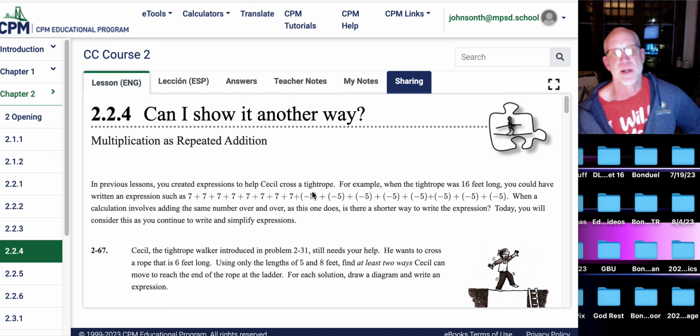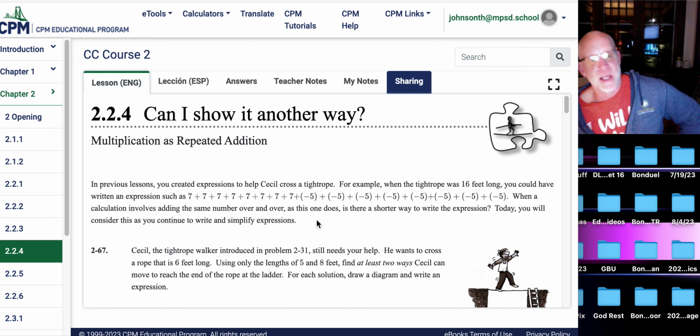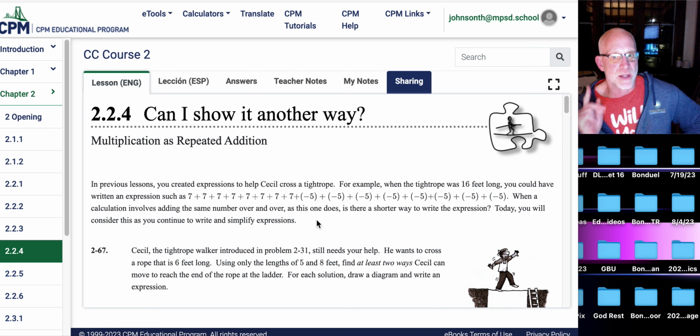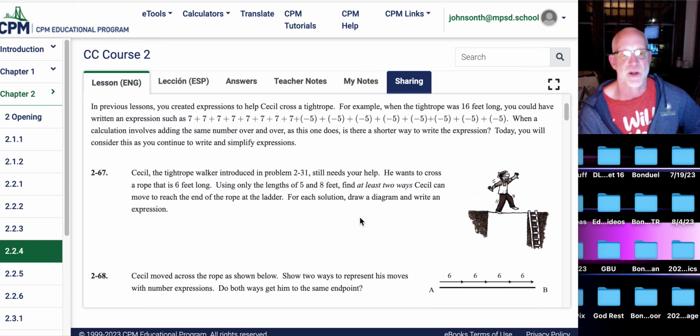For example, when the tightrope was 16 feet long, you could have written the expression 7 plus 7 plus 7 plus 7 plus 7 plus 7 plus 7 plus 7, right? Plus negative 5 plus negative 5 plus negative 5 plus negative 5 plus negative 5 plus negative 5 plus negative 5 plus negative 5. And when a calculation involves adding the same number over and over, as this one does, is there a shorter way to write this expression? And today that's what we're going to talk about as we write and simplify expressions.